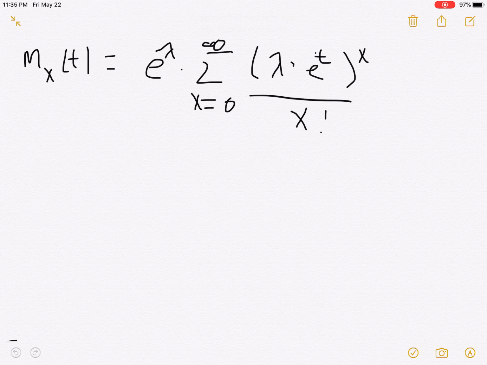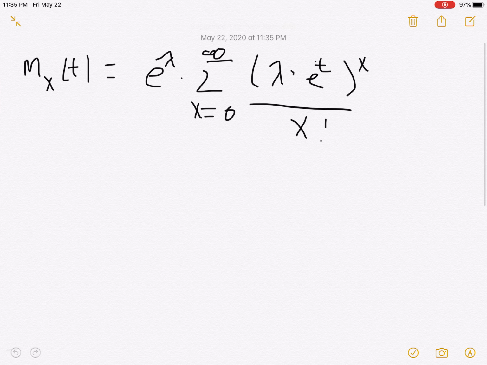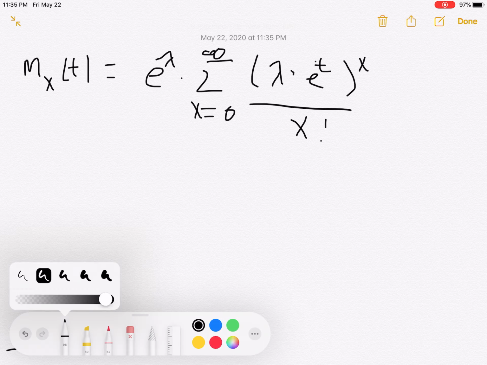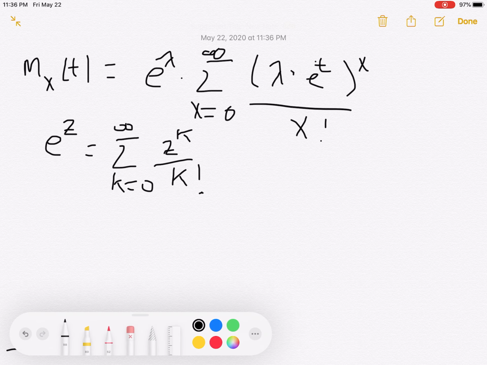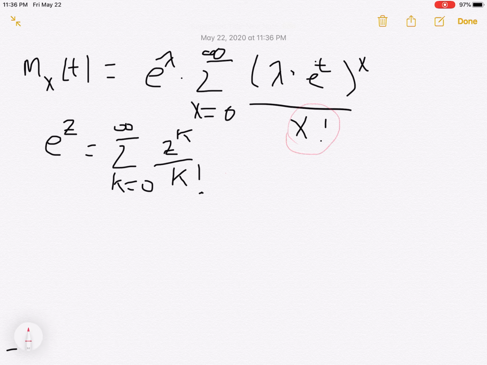Okay. Then we also know this fact, which is that e to the z is going to be the summation from k equals 0 to infinity of z to the k divided by k factorial. Now I have an x here instead of a k, and instead of having an x there, I have a k there. But that doesn't matter.